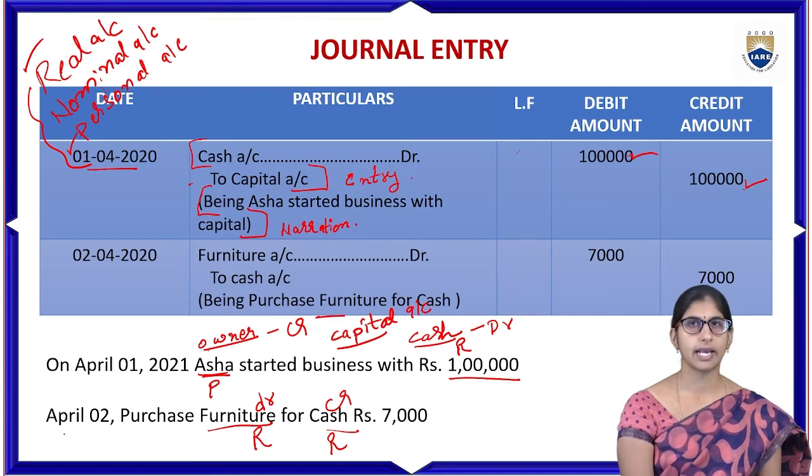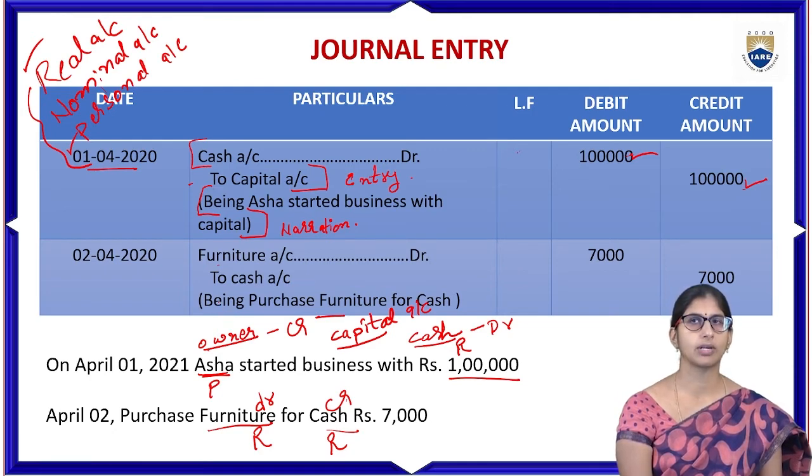Now coming to the next transaction, that is purchased furniture for cash. Here, as we discussed, furniture we have to debit and cash we have to credit. So furniture account debtor to cash account is the entry.